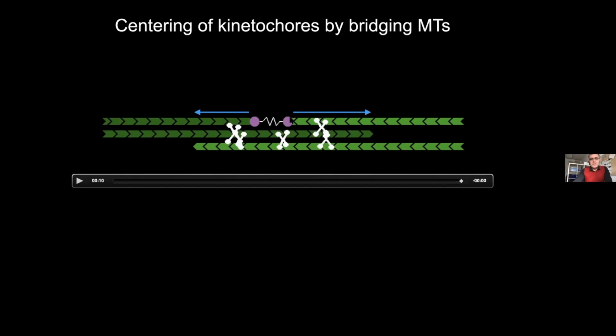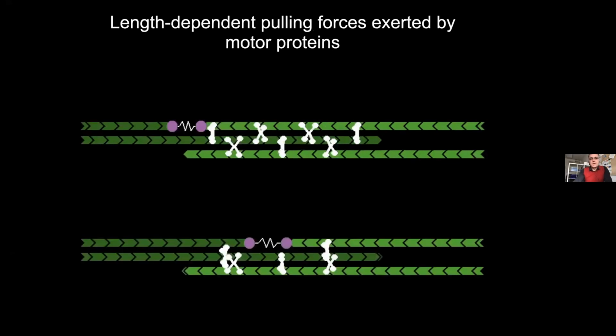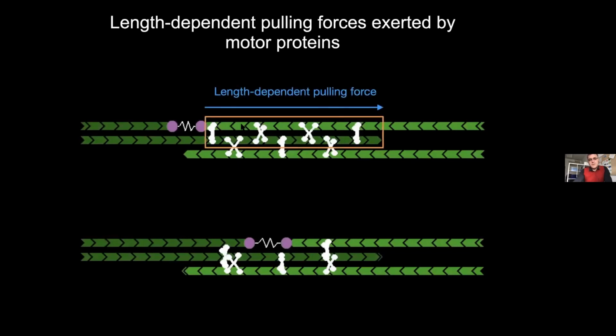And here I'm just showing the size of these two opposing forces. To make it clearer, we have these cross-linking proteins that accumulate in a length-dependent manner, meaning the larger this overlap is, the more motors accumulate, and the bigger the force that is generated.